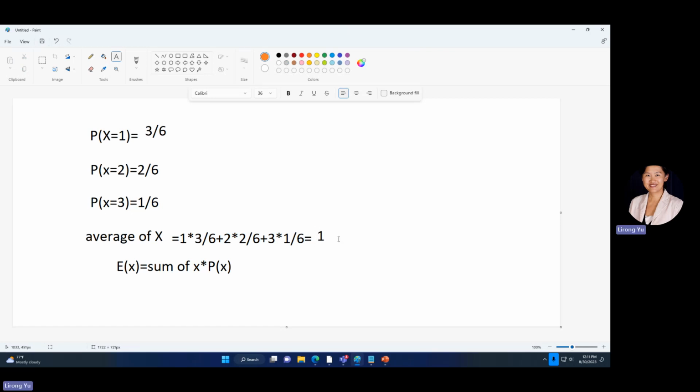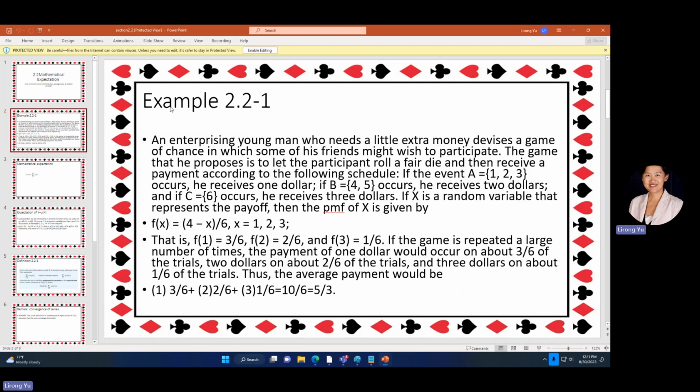Well, it's actually 1 plus 2/3. And that's something we wish to be able to calculate if you already have a probability model. And this is the main idea here. So I just want to finish this one. That's the number, right? 5/3 is the same thing as 1 and 2/3.